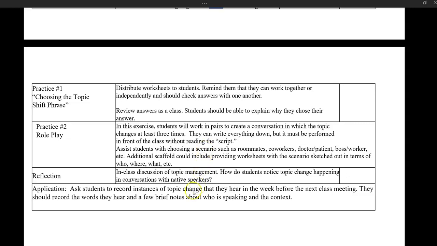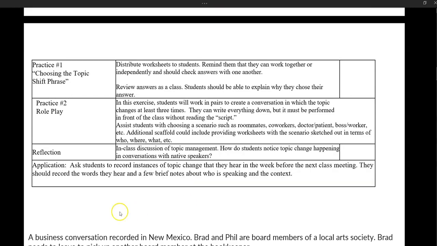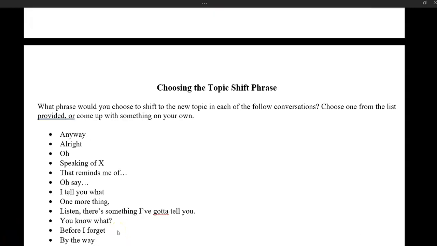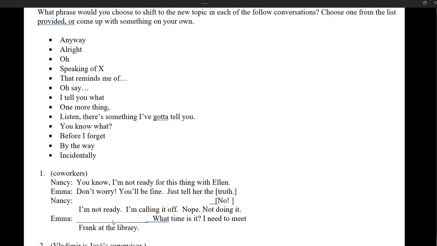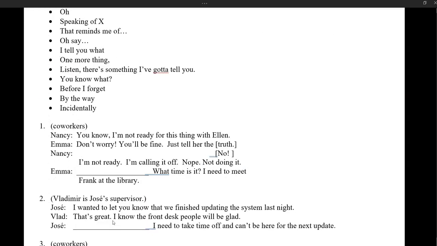There's a reflection piece at the end, the application piece. These are all the parts of the framework that was mentioned earlier, and the worksheet for filling the blanks that I just mentioned is here. So there's a list of common phrases that we use when we change topic, and then they've got 4 different workplace related tiny conversations.